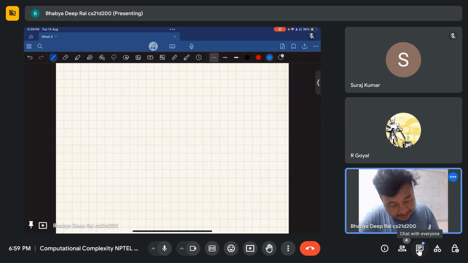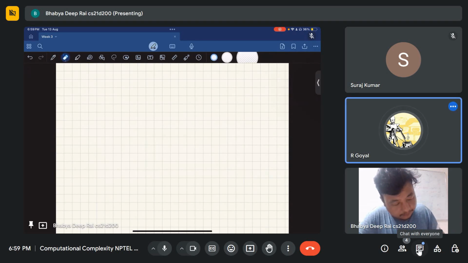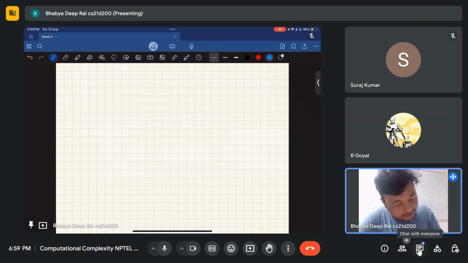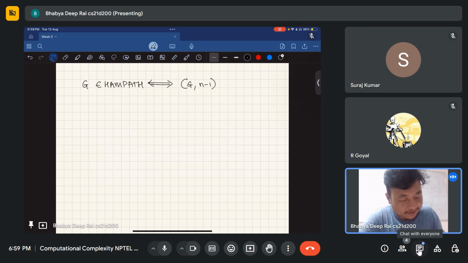So if I have any graph G, G belongs to Ham path if and only if G has the longest path of length n minus 1. Correct?